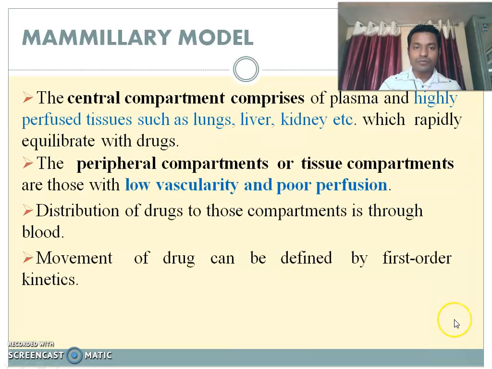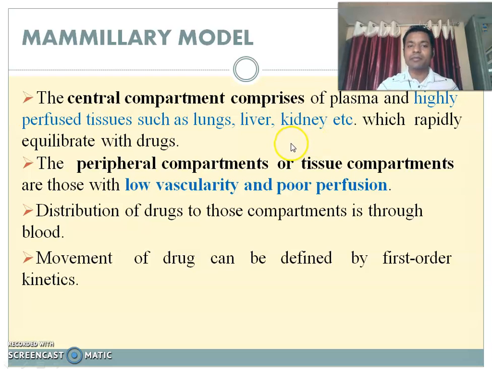So what is the central compartment? The central compartment is a group of highly perfused tissues which have more blood flow. For example, lung, liver, kidney, right? They have a large blood flow, so they rapidly equilibrate with the drug, right?